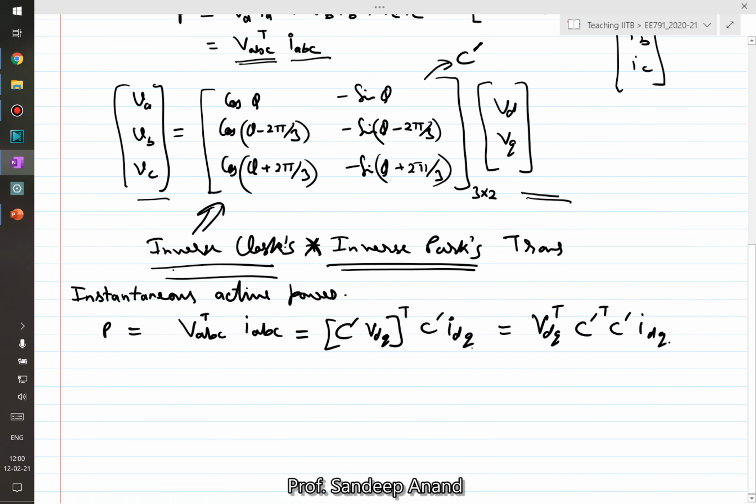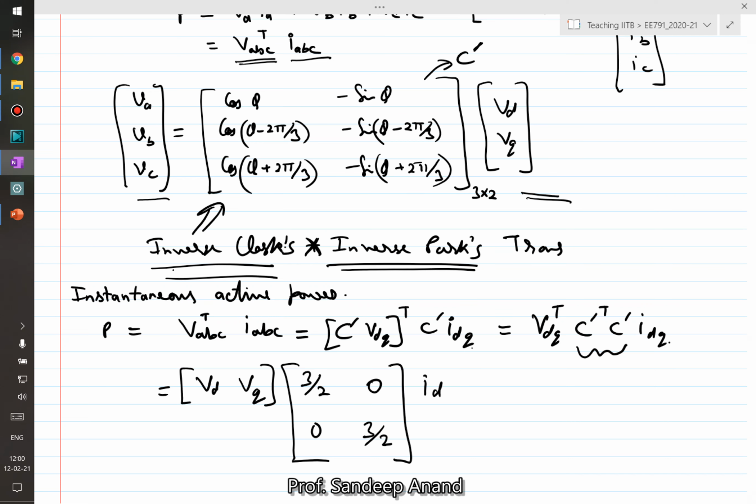And you can feed this value, right? You can find what C transpose C is, and this is what you will get once you solve for C transpose C. So this is VD, VQ, and this C transpose C will give you 3 by 2, 3 by 2, 0, 0, ID, IQ, right?